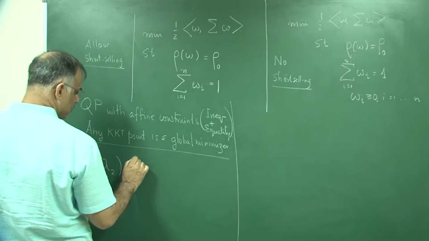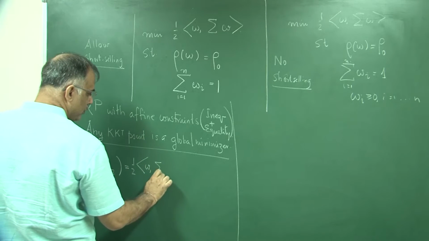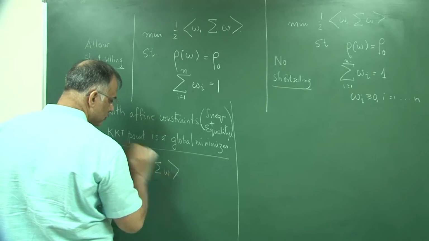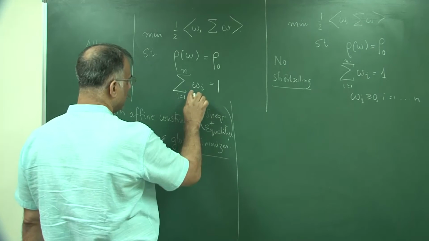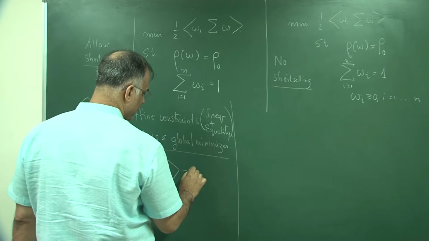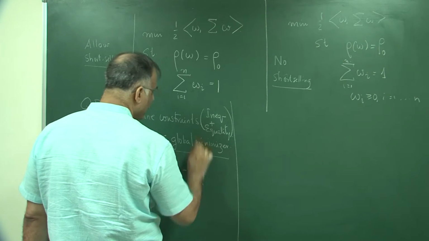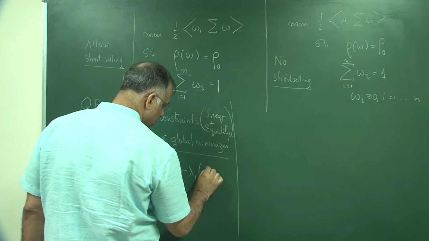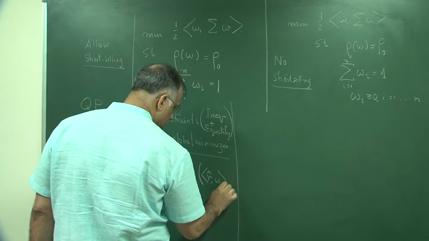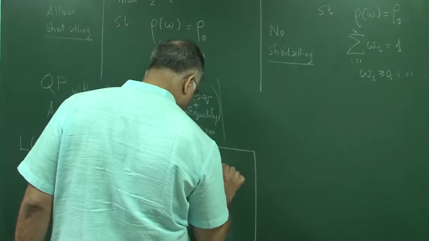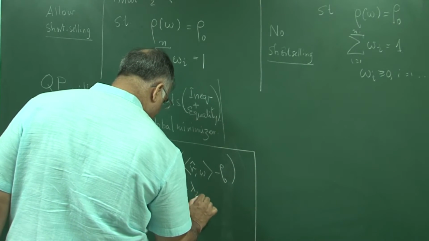half of, so there is the way to write down the minus, if I look at this very carefully, this rho w is nothing but r hat omega minus rho naught minus lambda 2.